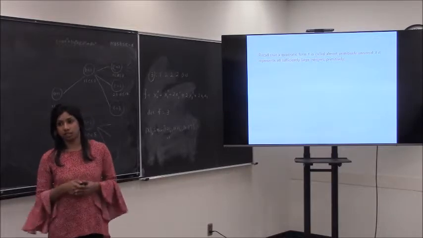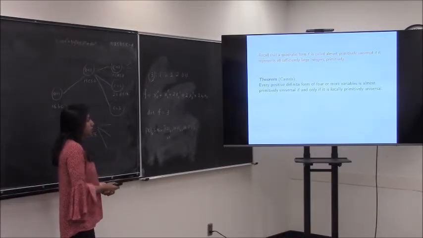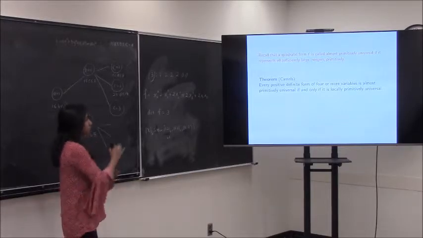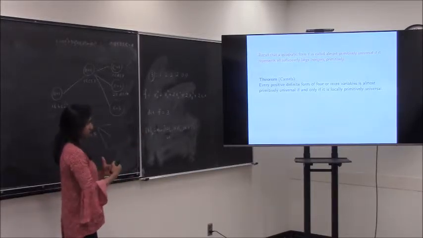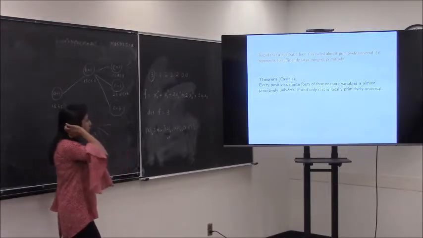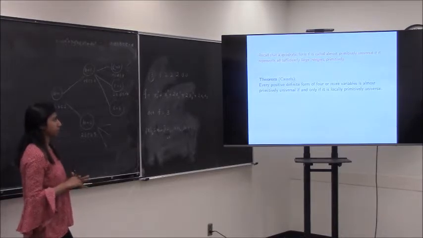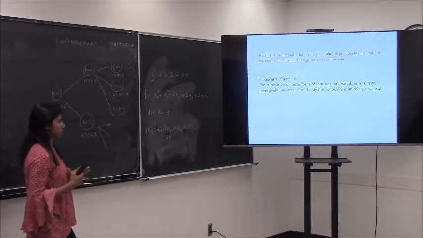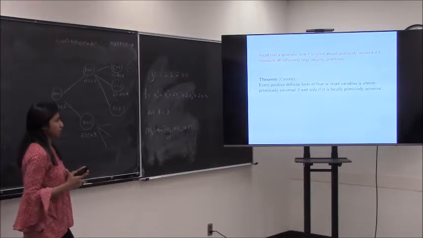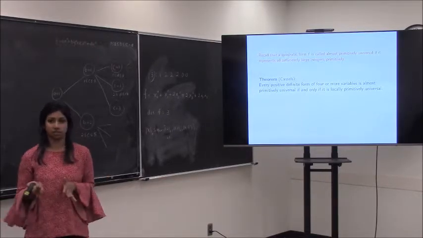We have another definition given by this theorem, which is interesting because we can use it for our computations. It says every positive definite form of 4 or more variables is almost primitively universal if and only if it is locally primitively universal.